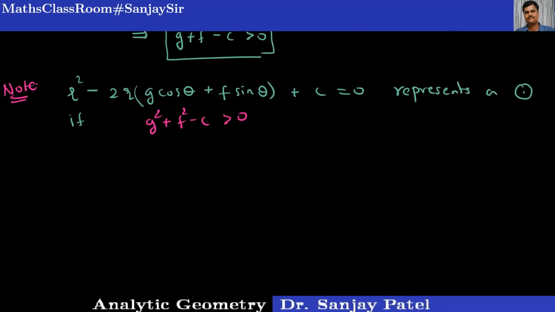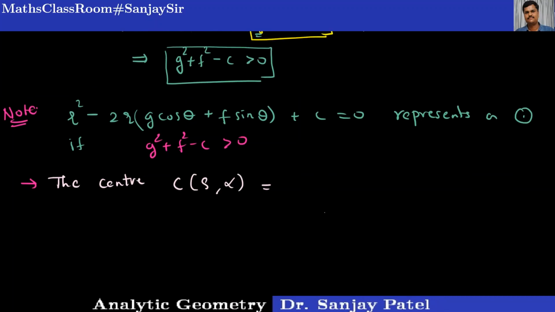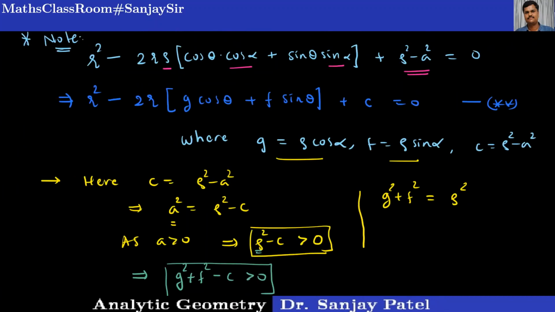And not only this, in this case we also get the center and the radius of this circle. So the center, that is c rho alpha. You know what is rho here. To find the value of rho, you can go back to this equation.